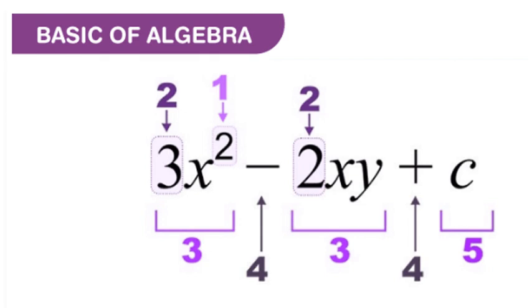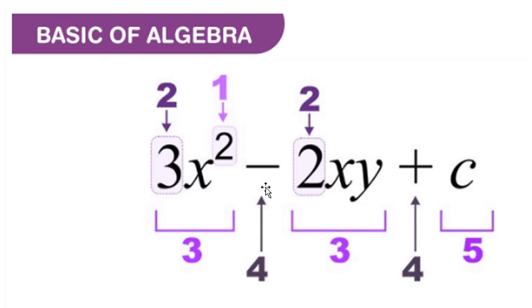So if we look at the algebraic expression like this one, you can see we have these important details. First of all, from number 1 we have the exponent. For number 2 we have a coefficient, right? And all of this thing is called a term. Why is it called a term?